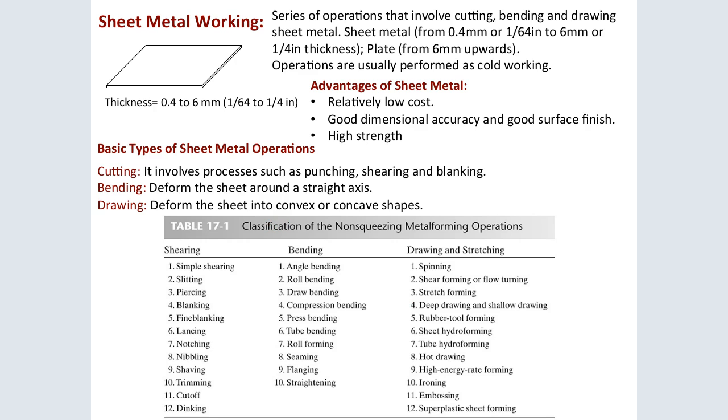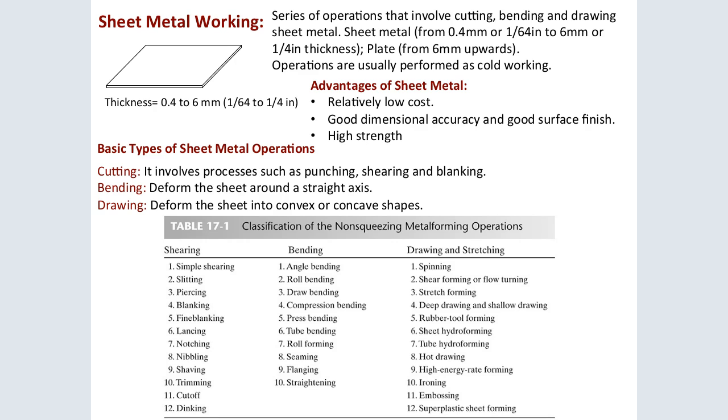These are the advantages of sheet metal working. Now you can see, the cost is relatively low. They have good dimensional accuracy, good surface finishes, and high strength. So there are various basic types of sheet metal operations. As we have said, we have the cutting, bending, and drawing.